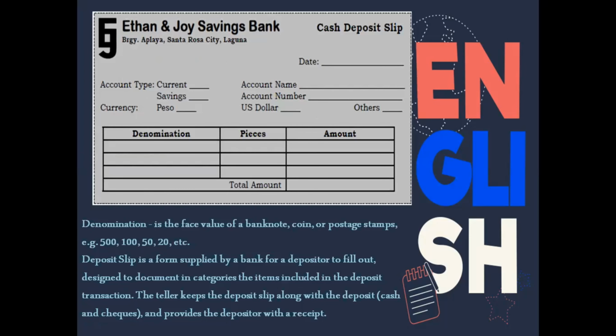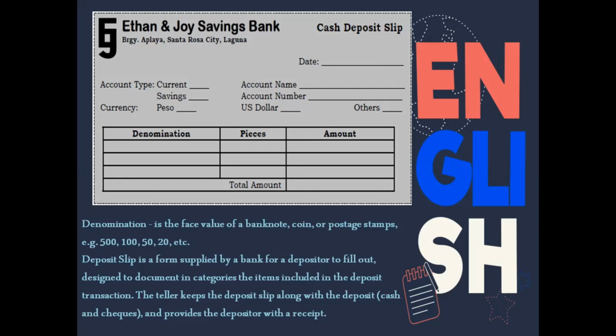Okay, so aside from the withdrawal slip, we also have the deposit slip. This is an example of a deposit slip. The deposit slip is a form supplied by a bank for a depositor to fill out, designed to document in categories the items included in the deposit transaction.